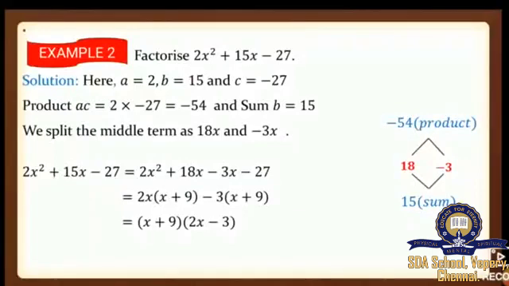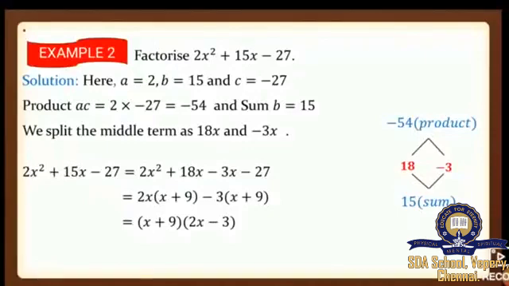So you have to find out two terms which have the product minus 54 and the sum has to be 15. So like the previous sum, if I put 6 and 9 here, I will get 54 but not minus 54. So we have to change the terms with the sign.